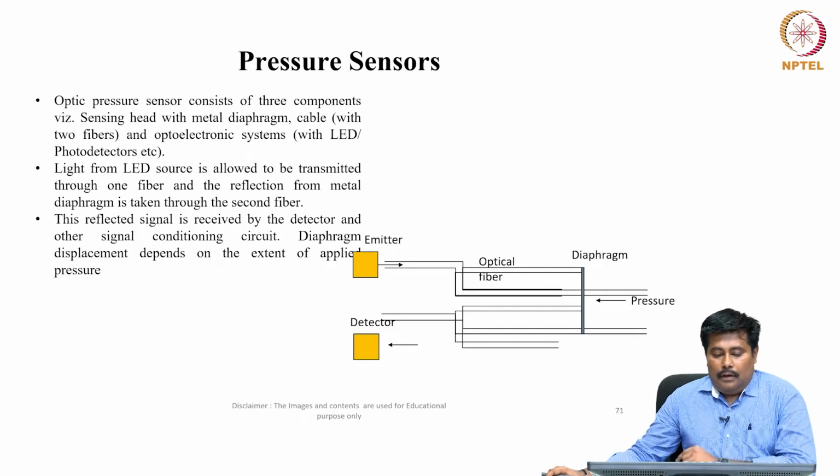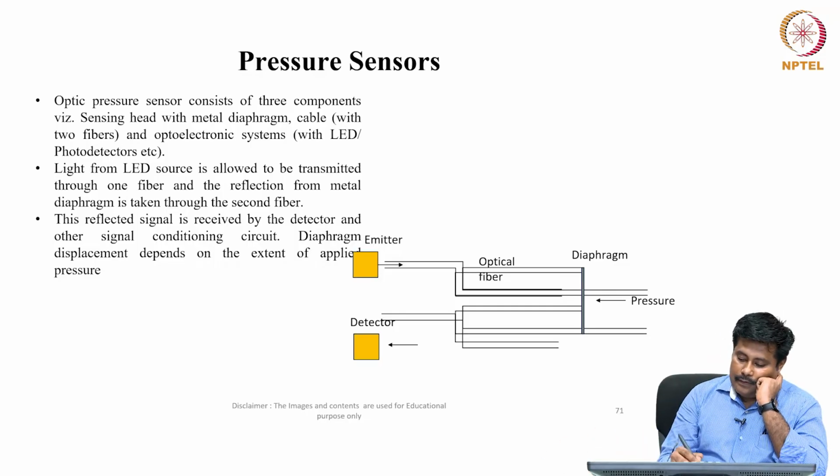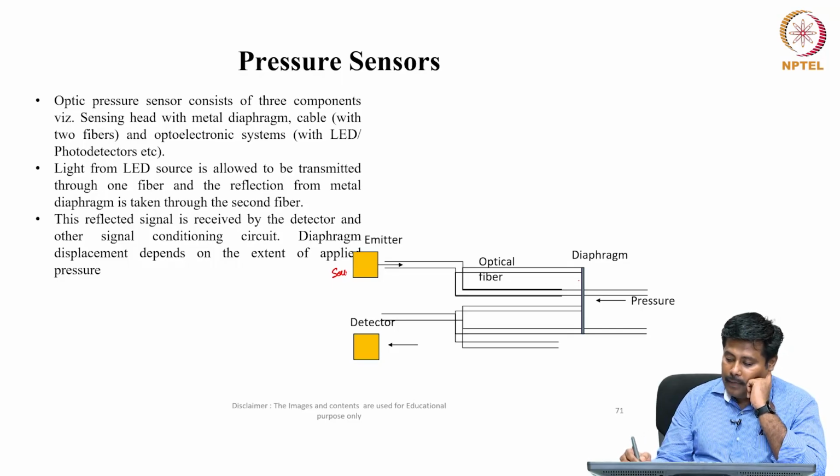Now, we will discuss the optical fiber based pressure sensor. In this optical fiber based pressure sensor, this is the source and this is the detector. The optical fiber is integrated with the diaphragm and pressure is induced on the diaphragm.